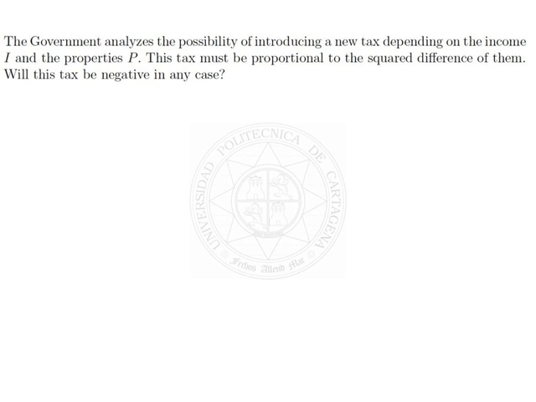So, we are asked to calculate a tax function that I'll call t, which depends on two measures, income, I, and some properties, P. We are told that this tax must be proportional to the square difference of them.